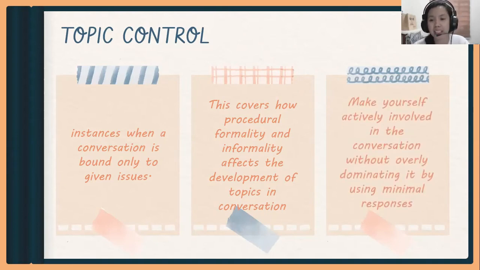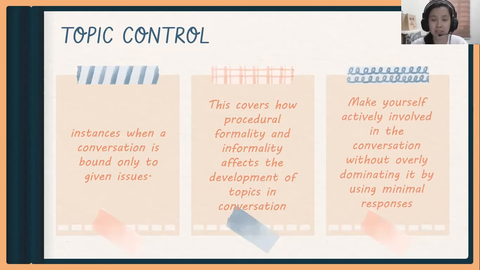Make yourself actively involved in the conversation without overly dominating it by using minimal responses like, I agree, yes, go on, or you may also ask tag questions to clarify information briefly.